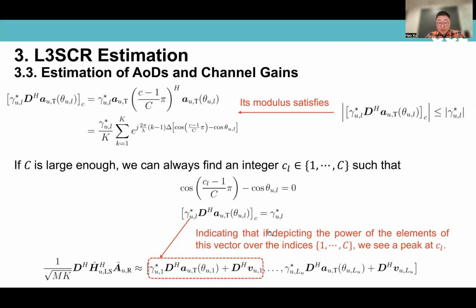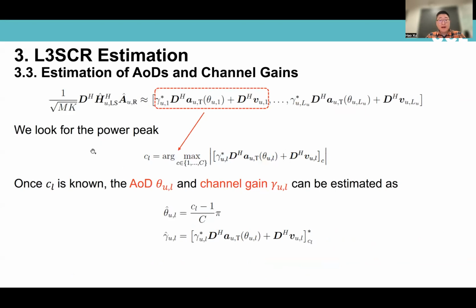This indicates that if depicting the power of the elements of this vector over the indexes from 1 to C, we will see a power peak at index CL. So we look for the power peak by one-dimensional search. Once CL is known, the AOD theta and the channel gain gamma can be estimated as follows.